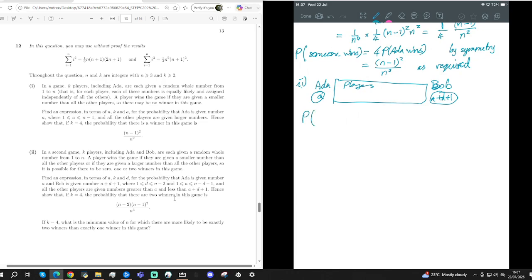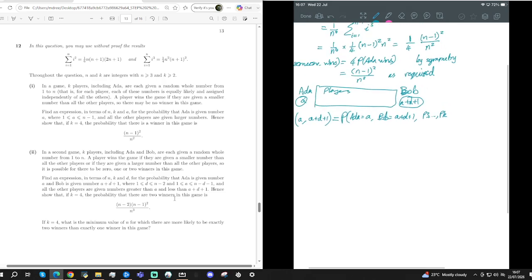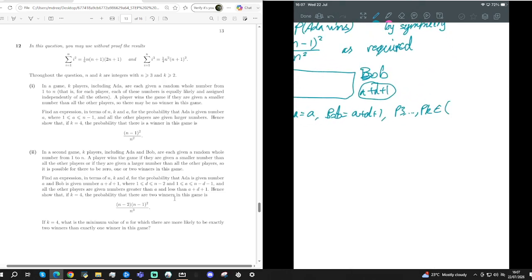Again, I'm going to call this P(A, D), as there are now 2 inputs, A and D. That's going to be the probability that Ada gets exactly A, Bob gets exactly A plus D plus 1, and all the other players, player 3 up to player K, are in the set from A to A plus D plus 1.